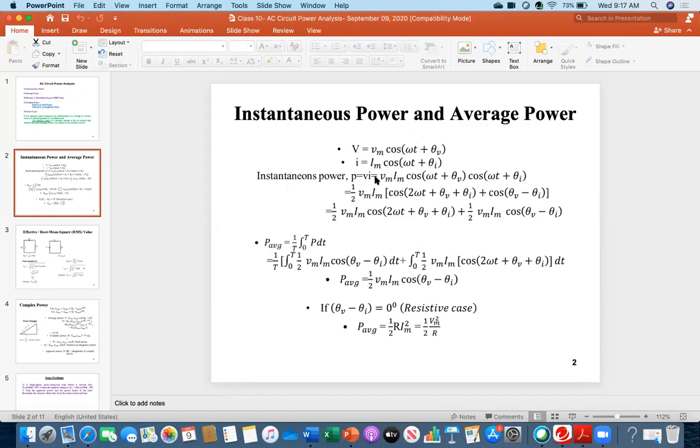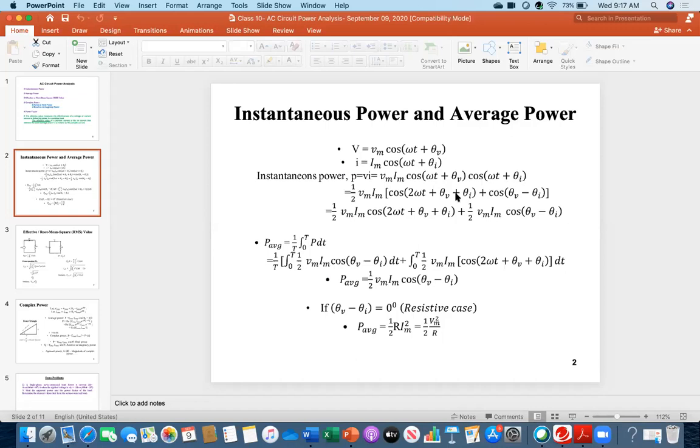Including everything, if you multiply voltage and current, that is called the instantaneous power. That instantaneous power is a time domain function. I just multiplied these two. Instantaneous power means the power value at any time t. That is the meaning.